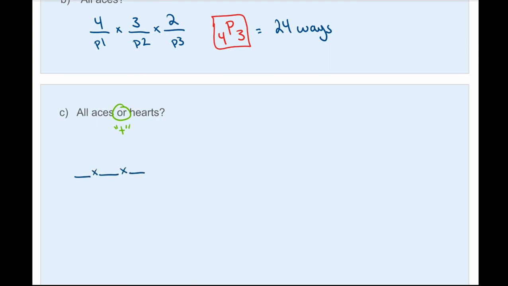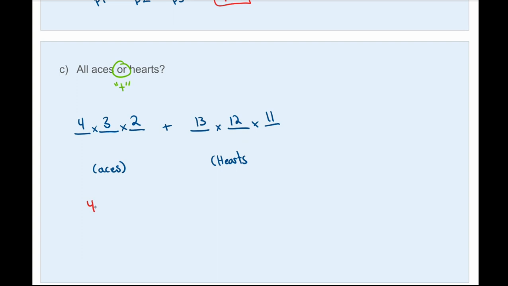If I look at aces first, well, 4, 3, and then 2 is the one scenario, plus how many ways could the 3 players draw hearts? 13 times 12 times 11. Additionally, you could think of the permutation. So 4P3 plus 13P3. And either way you decide to do this, you would get 1,740.